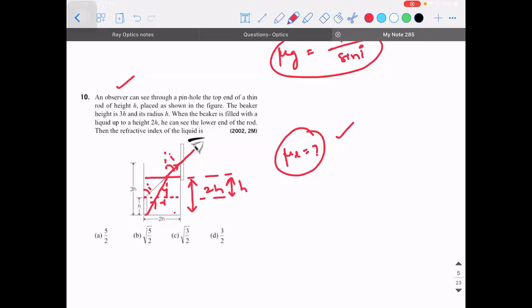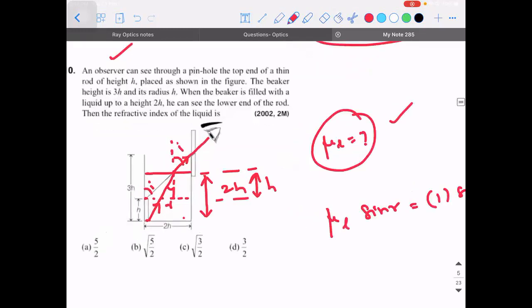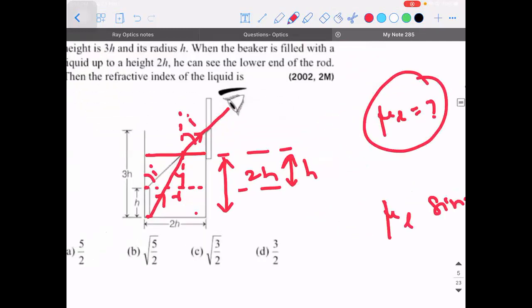Then mu L into sin R is equal to 1 into sin I, correct? If you take this as the right angle triangle, then how much is this angle? 90 minus I. This height is h, the radius is also h.